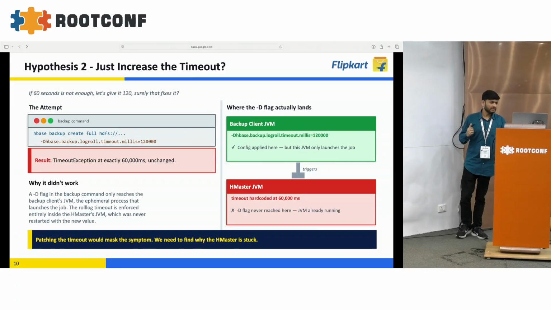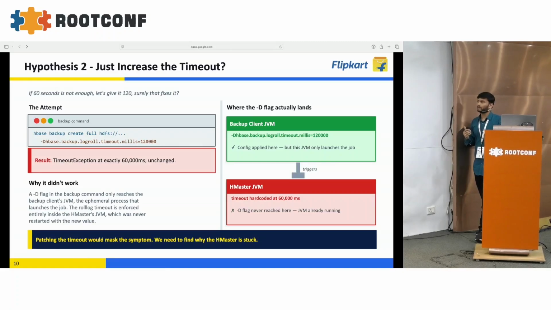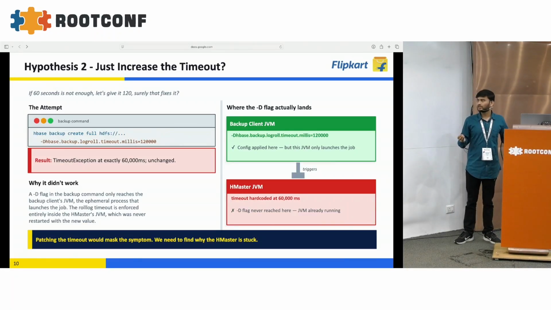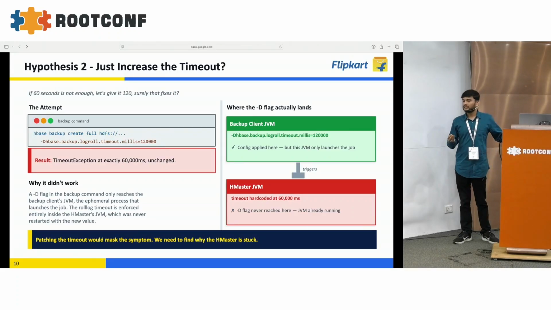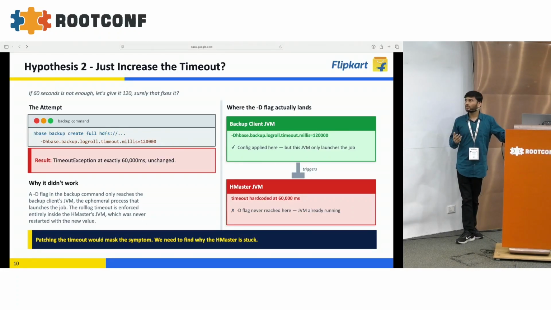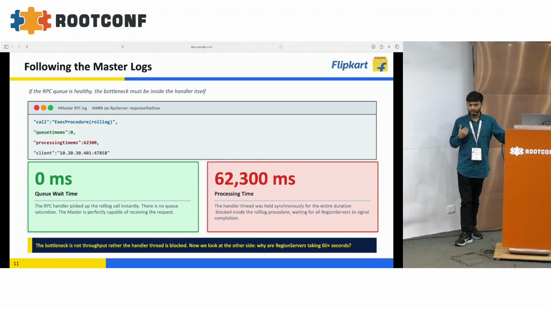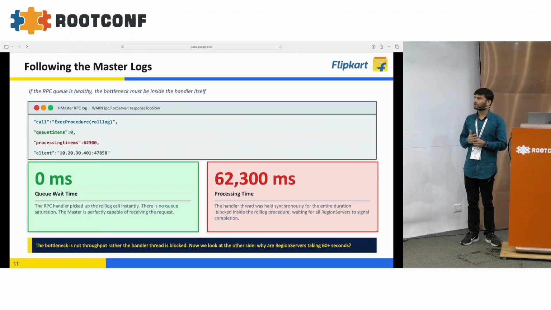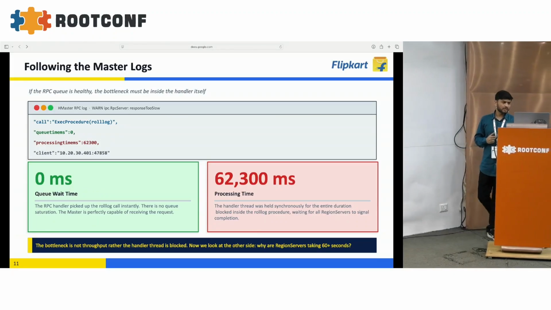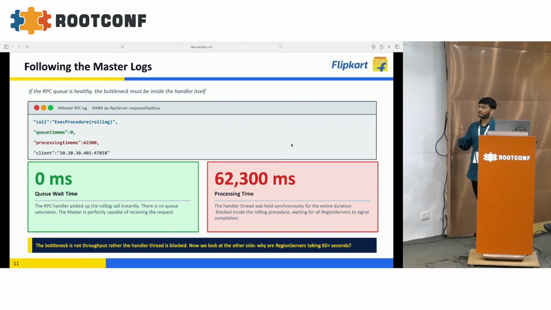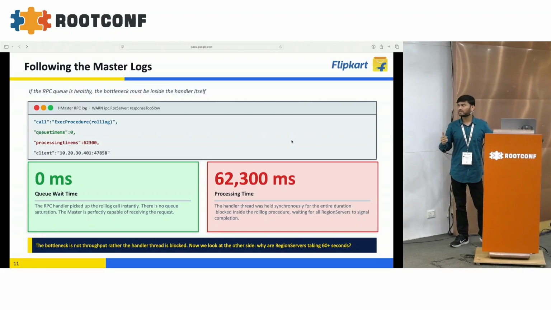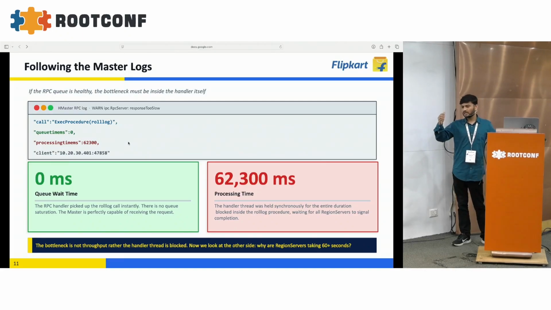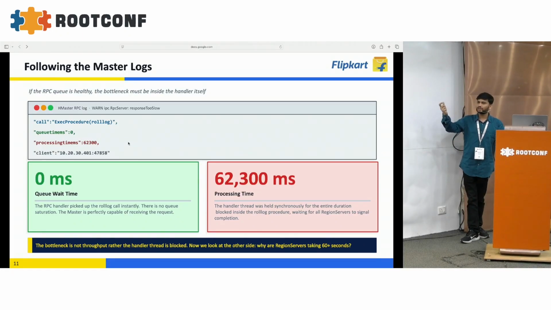So then the question was, okay, what is happening now? If it is not a slow node, and it is not failing because of the timeout or slowness across the cluster, then what is it? Then we started putting debug logs into the cluster. We deployed our own custom image and tried to follow the logs. The first thing we saw in the HMaster logs, the main service which executes these tasks, was that all tasks get executed in a queue.